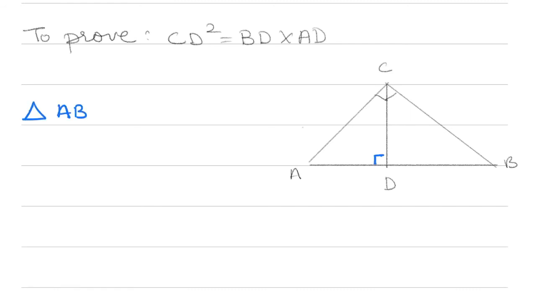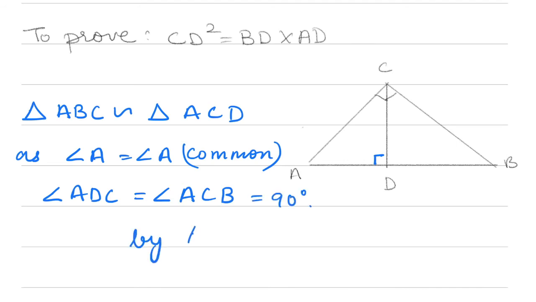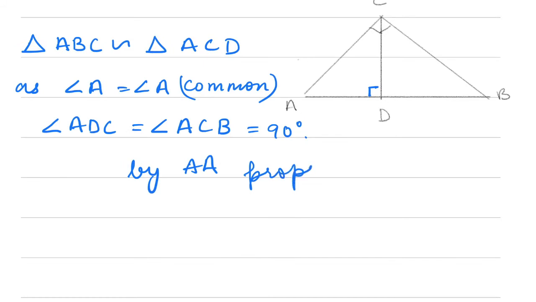Triangle ABC is similar to triangle ACD, as angle A is equal to angle A, common. Then we have angle ADC is equal to angle ACB. Both are equal to 90 degree. So by AA property of similarity.